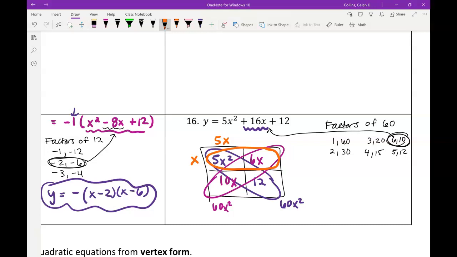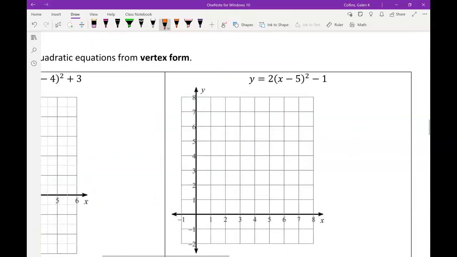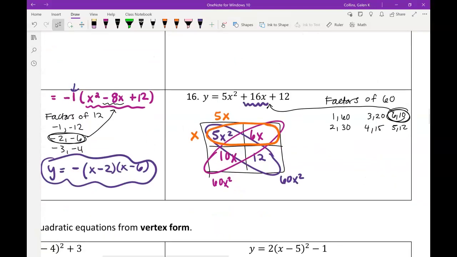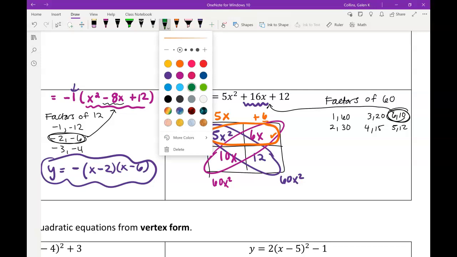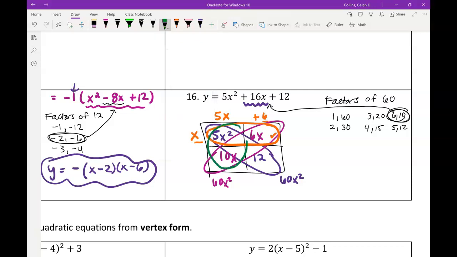So if I factored out an x from the top row, I'd be left with a plus 6 here, so that 6 times x is 6x. So now going down the column, 5x is the GCF of 5x squared and 10x.